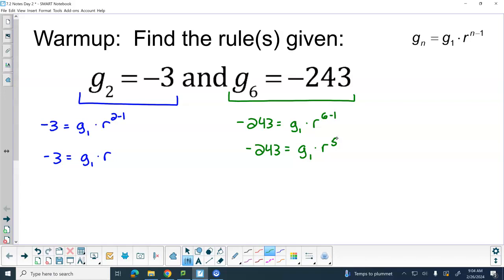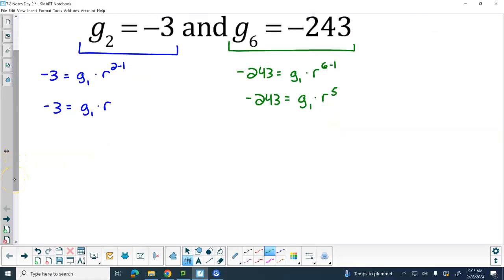Then, as we said on Friday, we should take the one with the smaller exponent in it, and we should solve it for g sub 1. In this case, that is the blue one that I'm going to solve for g sub 1. Then I'm going to take that, and I'm going to plug it into my other equation in place of g sub 1.